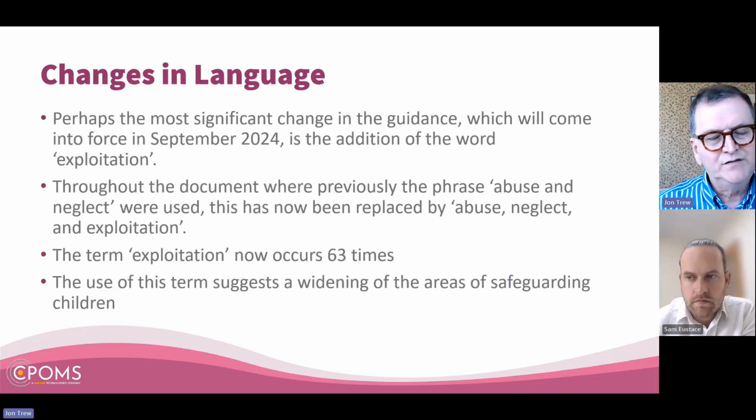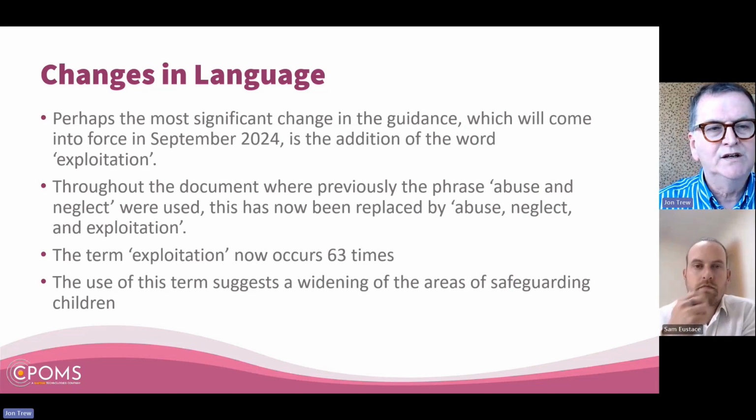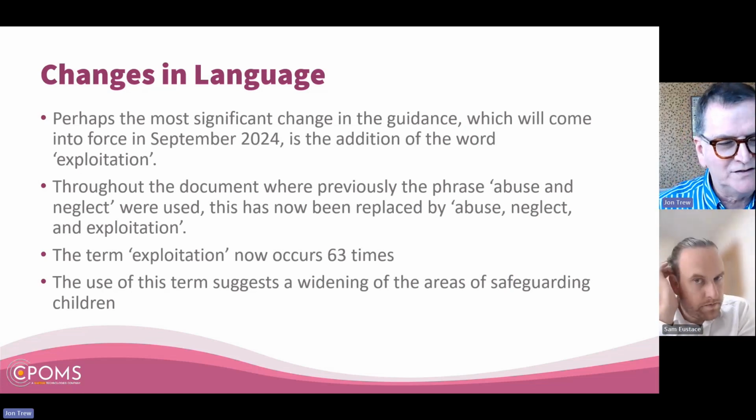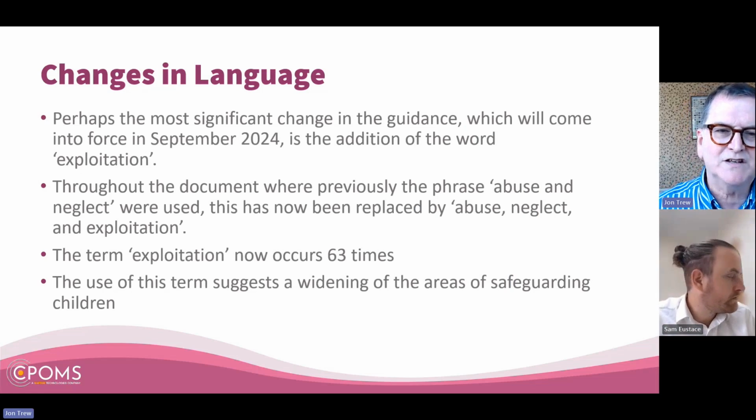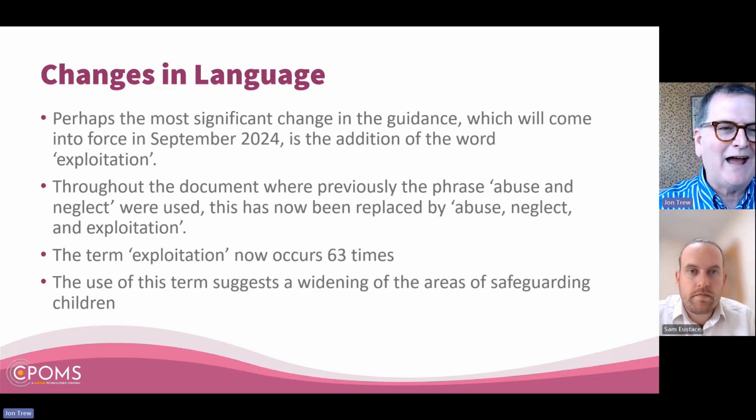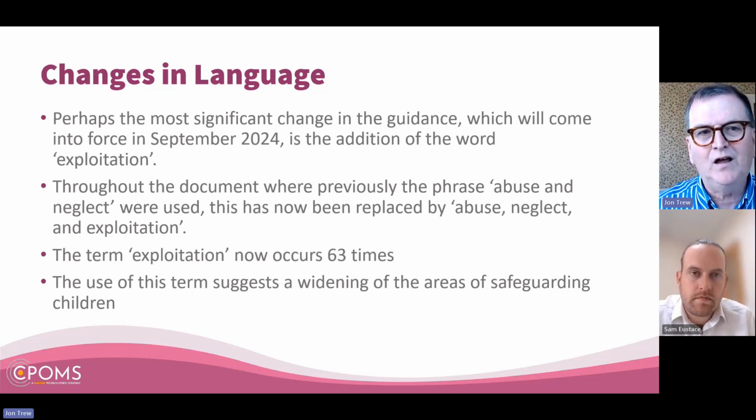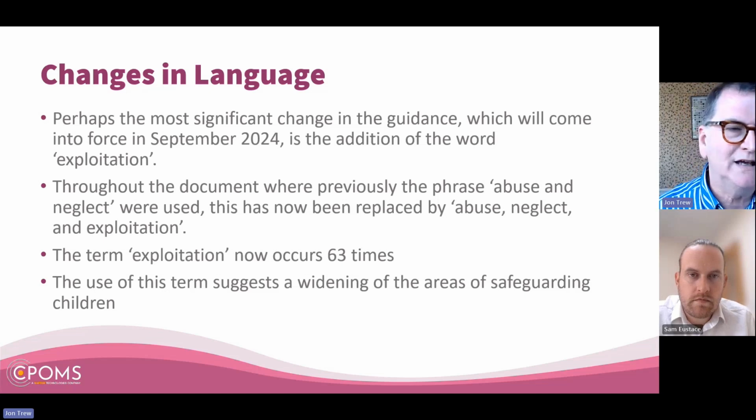As I mentioned, there are some important changes in language contained in the document. There's a great function that I discovered in Adobe Acrobat, and I was able to look at both documents and go through each line, line by line. What was really interesting is that perhaps the most significant change is the addition of the word exploitation.